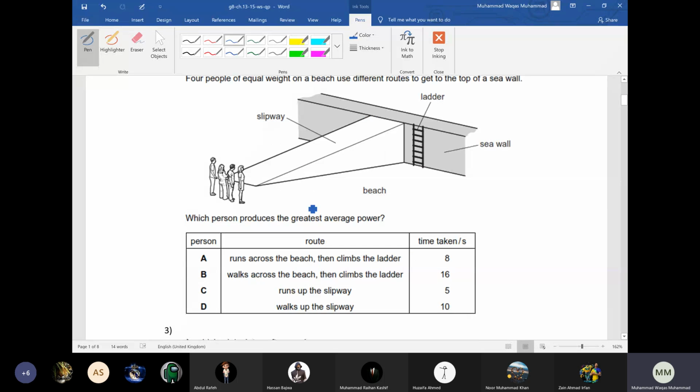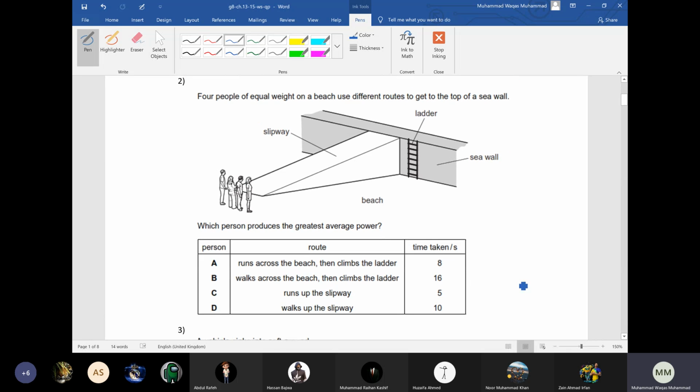Number two, four people of equal weights on a beach use different routes to get to the top of the sea wall. Which person produces the greatest power? The weight of all the people is the same, and they use different routes. Basically all the people are doing work in lifting their bodies against gravity, so the force needed is equal to the weight of the person, which is the same for all.